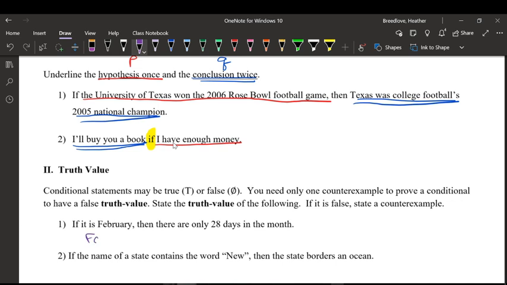So false, because in a leap year, February has 29 days. Most of the time, yes, there are only 28 days in February. So if it's a month with only 28 days, it has to be February, except that every 4 years, there are 29 days in February.